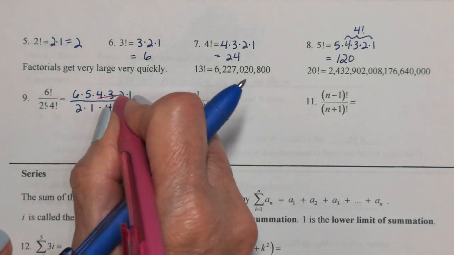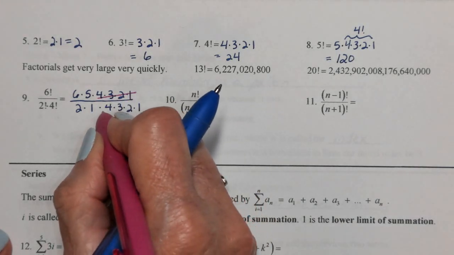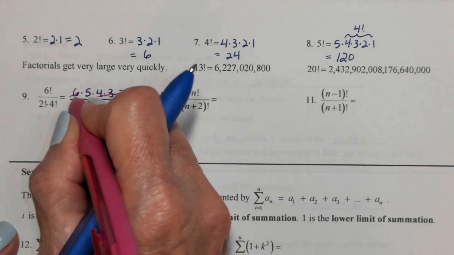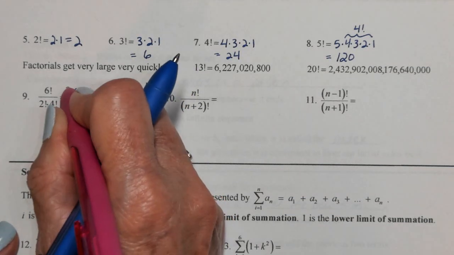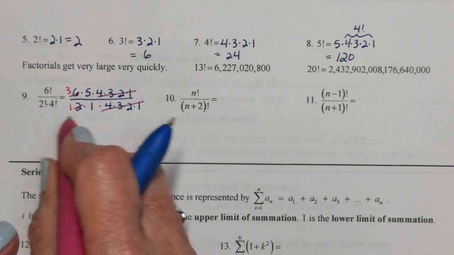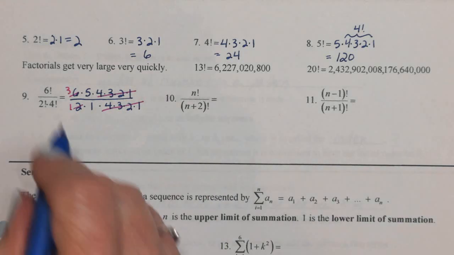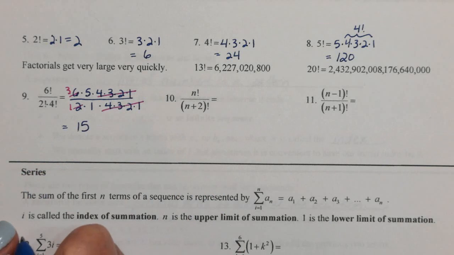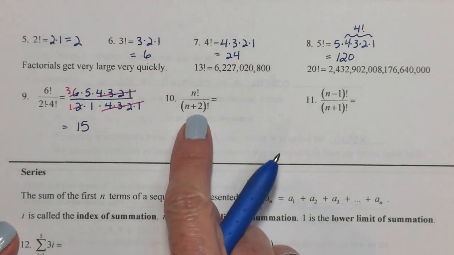Well, I see all these 4, 3, 2, 1 divided by 4, 3, 2, 1. Those reduce out. 6 goes into 2, or 2 goes into 6 3 times. I'm left with 1 on the bottom and 15 on top. So that is just 15. Okay, number 10.